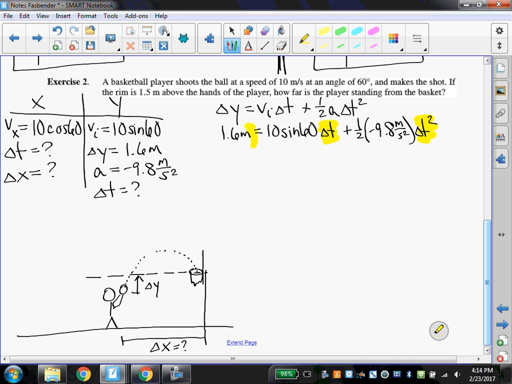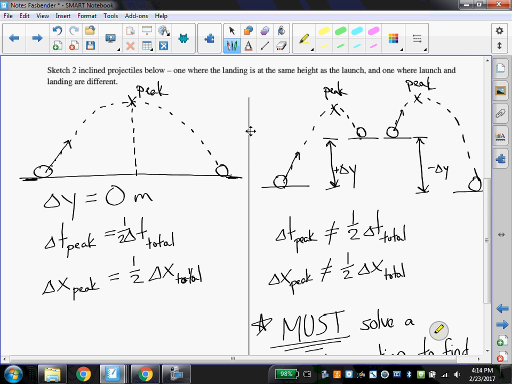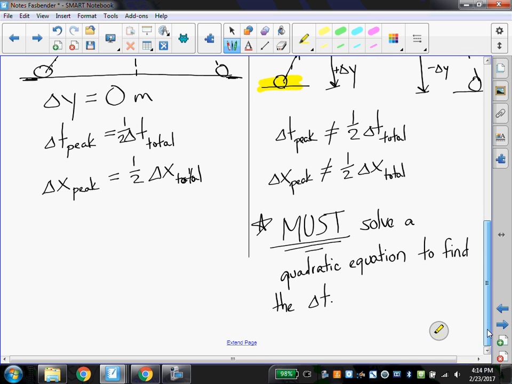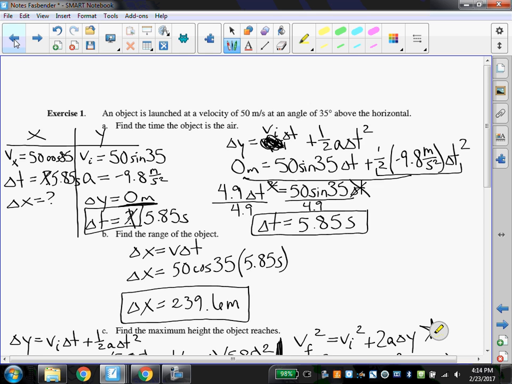This is harking back to what we talked about in that last lecture when we talked about what problem solving looks like when we start and end at different heights. If you start low and you end high, like we do in this basketball problem, you must solve a quadratic equation to find the delta t. And that is the situation we find ourselves in right now.